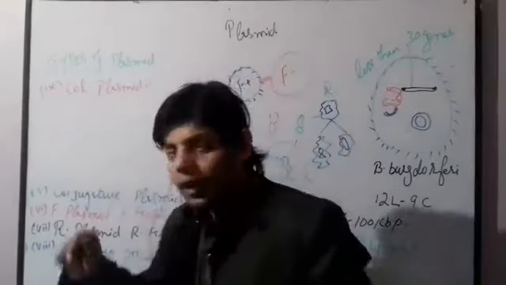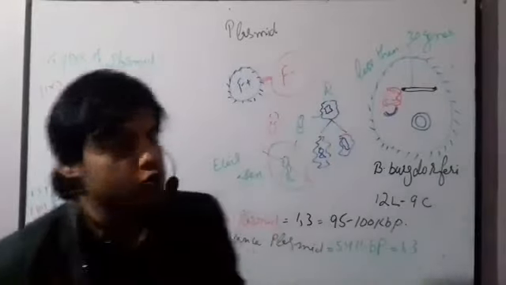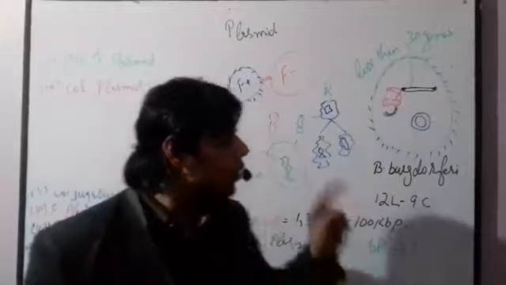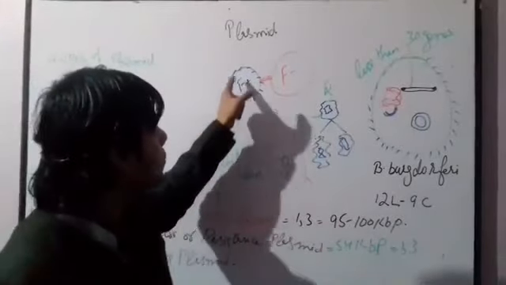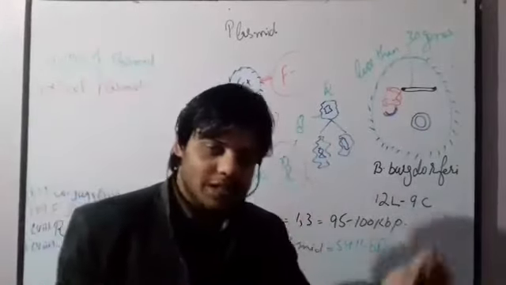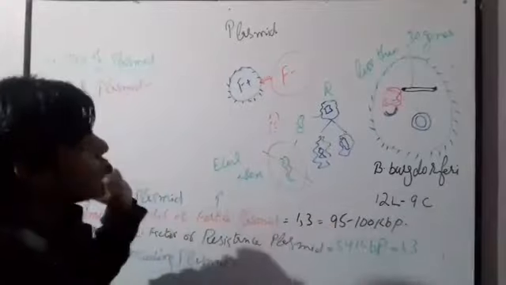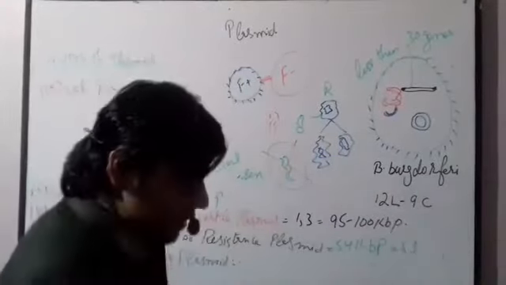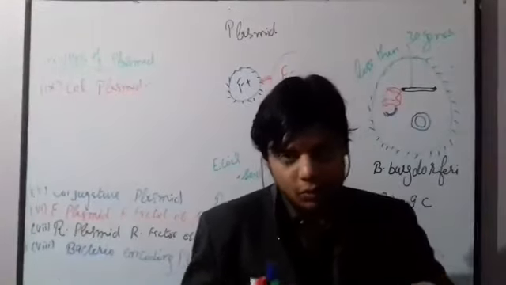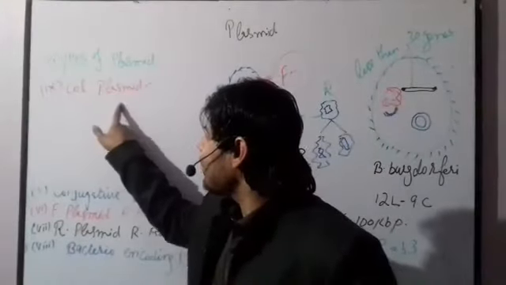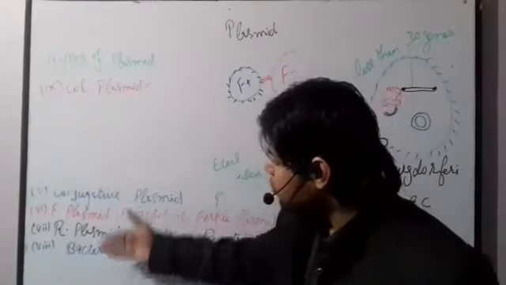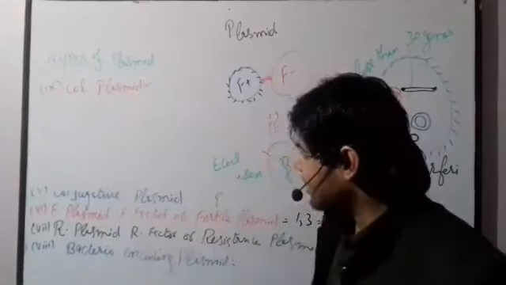So the col plasmid is sometimes also a conjugative plasmid. Why? Because in this case they will also produce sex pili, and except sex pili they will also produce a colicin protein as well. So that's why we can say that this col plasmid is actually a conjugative plasmid as well. Moreover, this col plasmid can also carry resistance genes, which show the characteristics of a resistance plasmid as well.